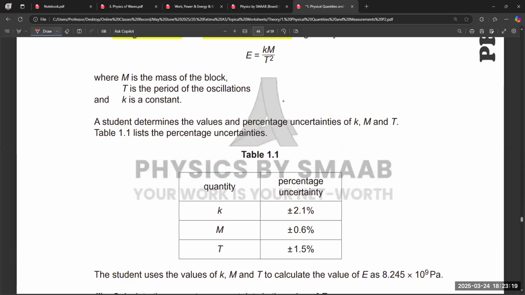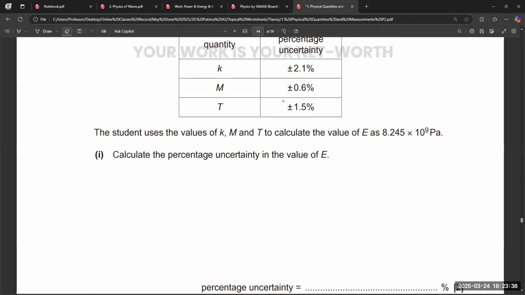So a student determines the value and percentage uncertainties of K, M and T. Table 1 lists the percentage uncertainties. So all percentage uncertainties are already given for all the quantities K, M and T. Now the student uses the values of K, M and T to calculate the value of E as this much pascals.